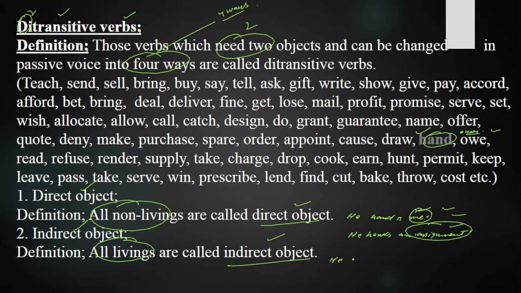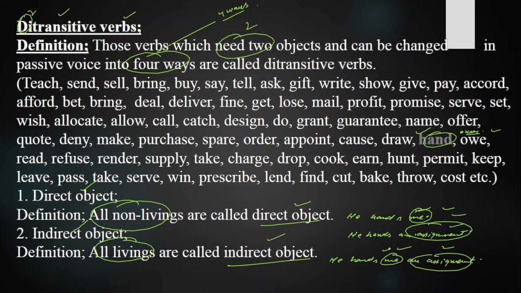If I say he lends me an assignment, now he lends me what? An assignment. He lends an assignment to whom? To me. So over here the meaning is clear and understandable.